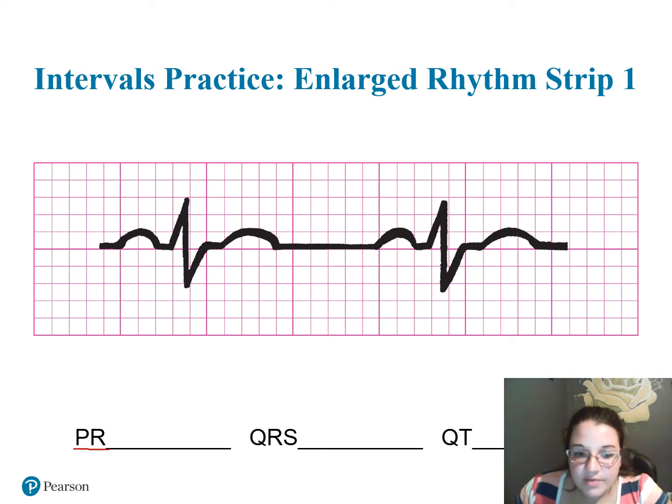To measure my PR interval, I need to measure from the beginning of my P wave. Notice, where does the baseline change? To the beginning of my QRS. Where does the QRS change? I'm going to count the boxes in between. I see 3 boxes. 3 times 4 is 12.